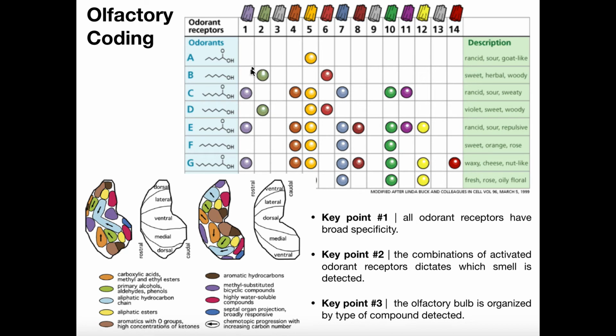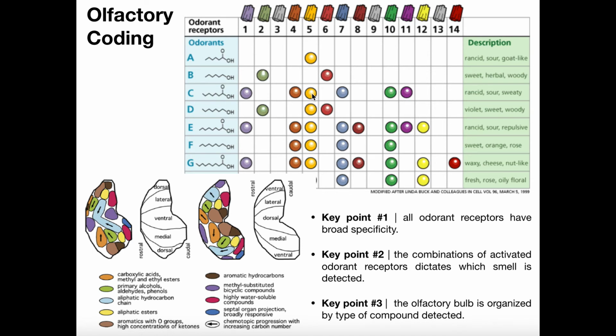So let's actually look at compound A right here. This is odorant A. This odorant bound to an activated odorant receptor number 5, okay? And this odorant smells rancid, sour, and goat-like, whatever that means. But now let's take a look at odorant C, okay? Odorant C also activates receptor 5.